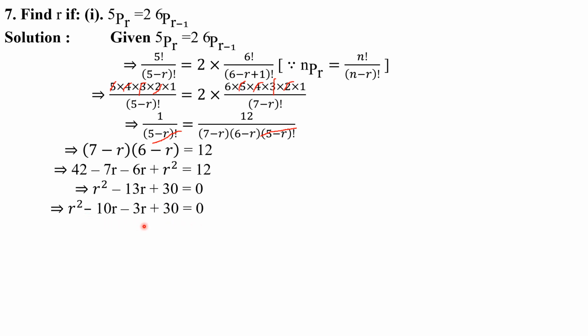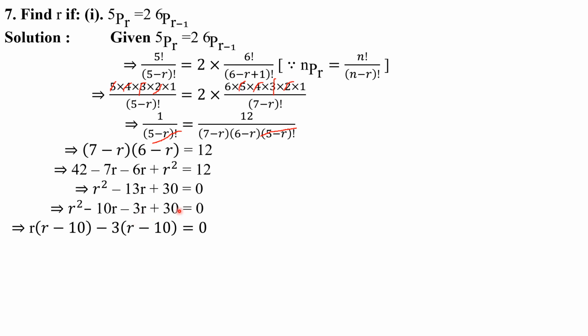Do you remember how to use splitting the middle term method to factorize a quadratic expression, a quadratic polynomial in LHS? We are splitting into two factors by using the splitting the middle term method. Okay, my children? Right. This implies, if we observe in the first two terms, r is a common factor, so we have taken r outside, so r minus 10.